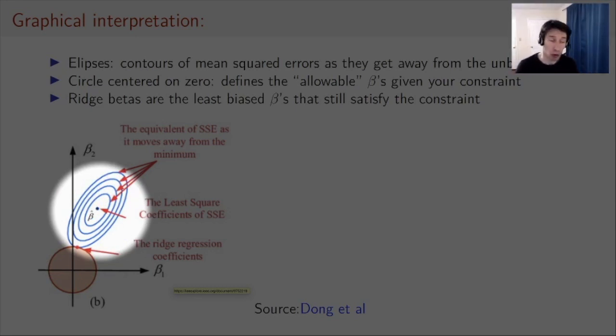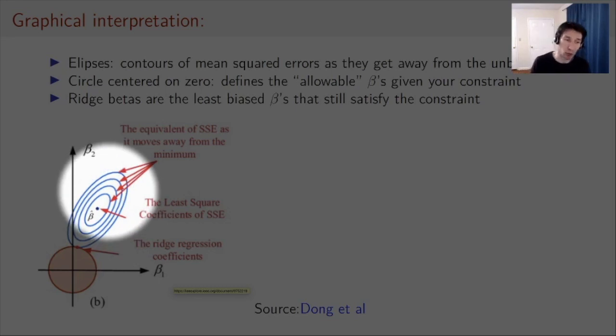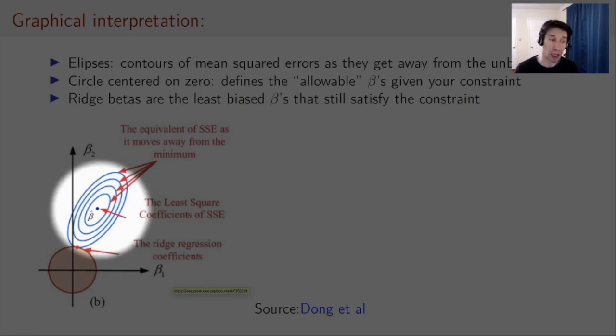Now, as you increase the bias, you move away from that unbiased beta, and you can see these ellipses here. Let's say those define the contours of beta 1, beta 2 combinations that have the same amount of bias compared to the central unbiased beta hat. The further you are, the more biased you are.